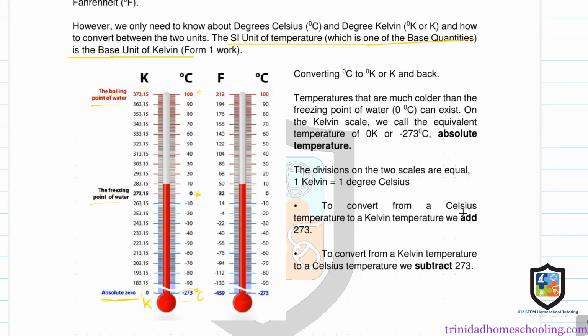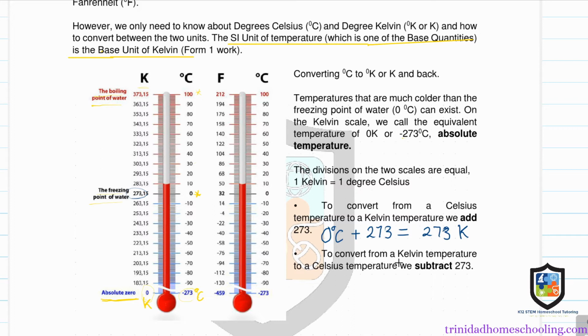To convert from a Celsius temperature to a Kelvin temperature, we add 273 to the Celsius temperature. 0 degrees Celsius, if we add 273 to it, we will get the temperature in kelvins, which is 273. Now we are seeing 273.15 here, but throughout the syllabus, we are to use just 273.